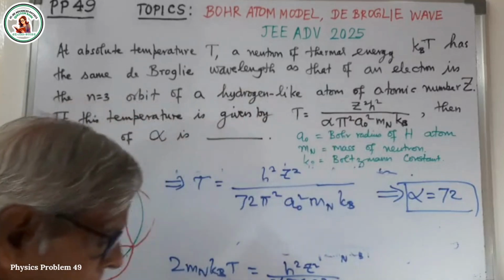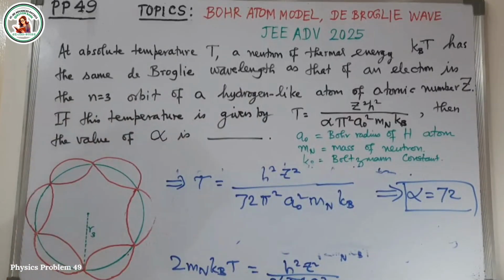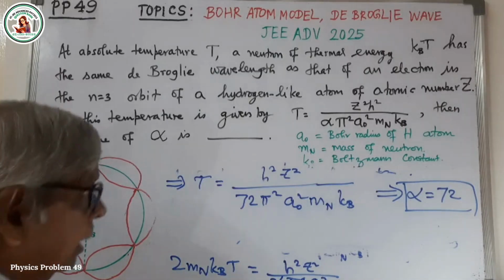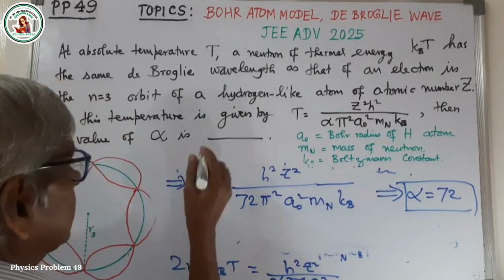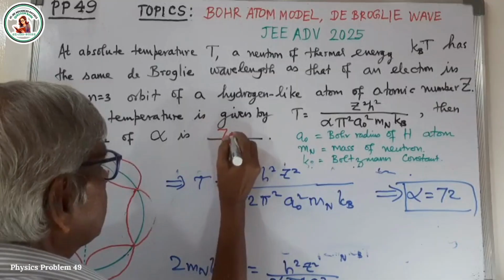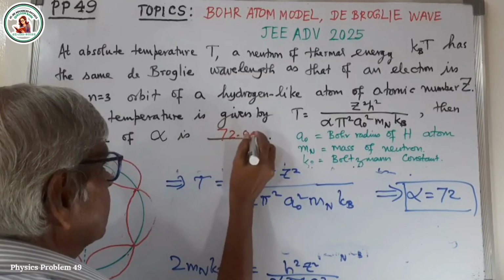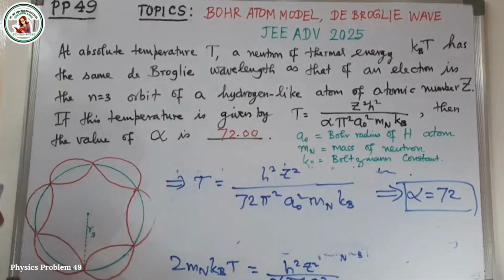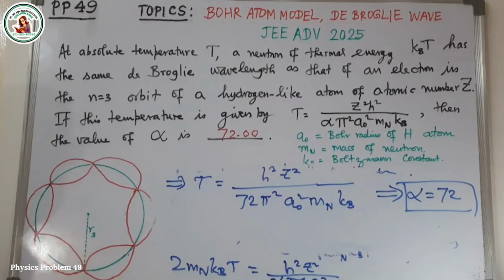That 72 is the required answer, and as required in the question, we write it as 72.00. That answer is what you have to mark in the OMR sheet.